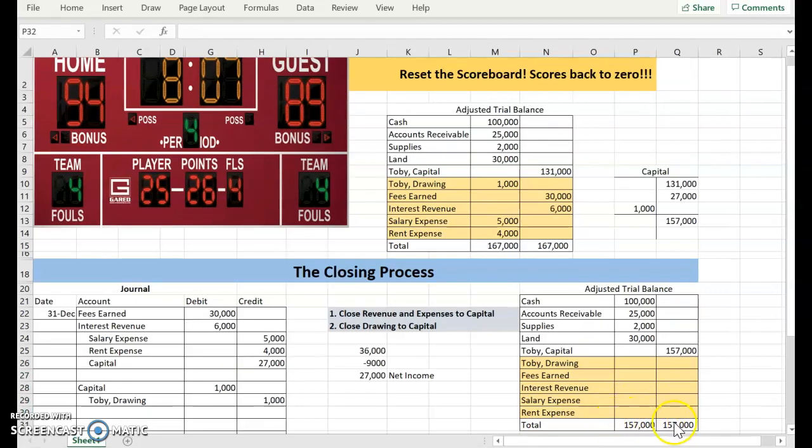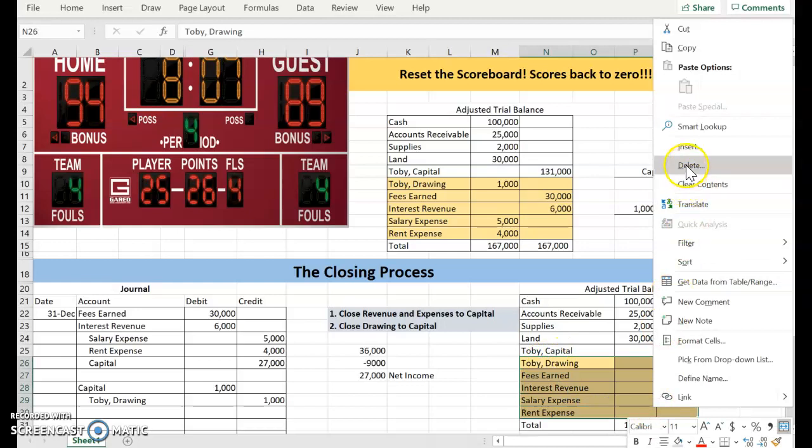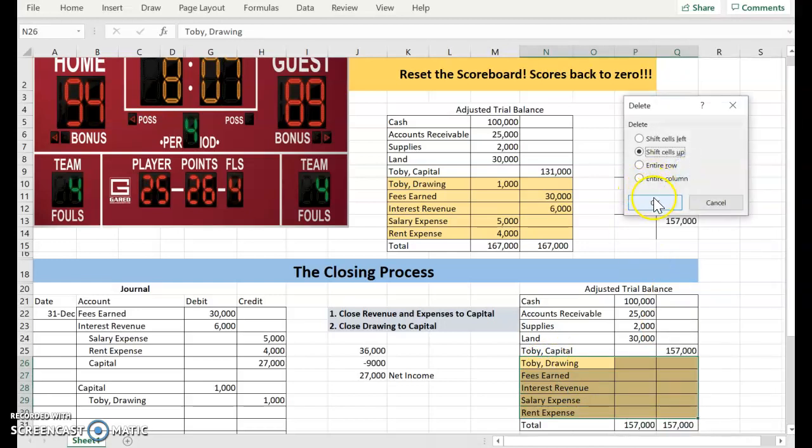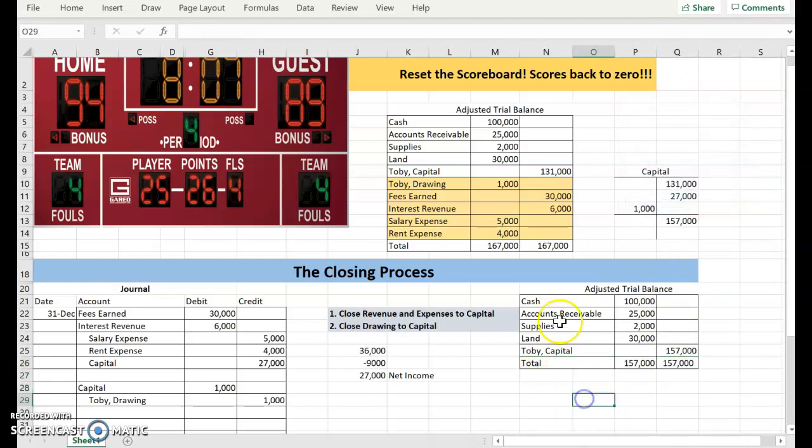And we can see now that we are in balance because all of these numbers here were transferred into capital. And since these are zero, we don't even have to include them. So we can actually have a shorter trial balance.